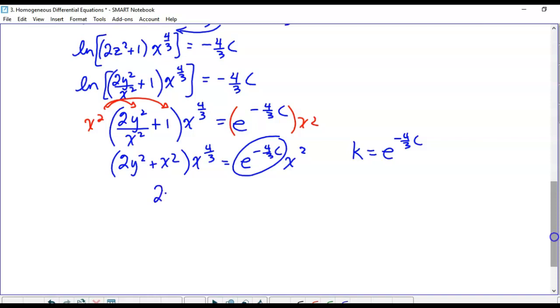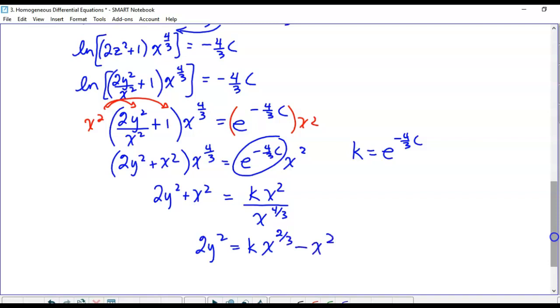So 2y squared plus x squared equals kx squared divided by x to the 4/3. And 2y squared equals, so what's that going to be? That's going to be k times x to the 6 minus 4 over 3, so x to the 2/3, minus x squared.